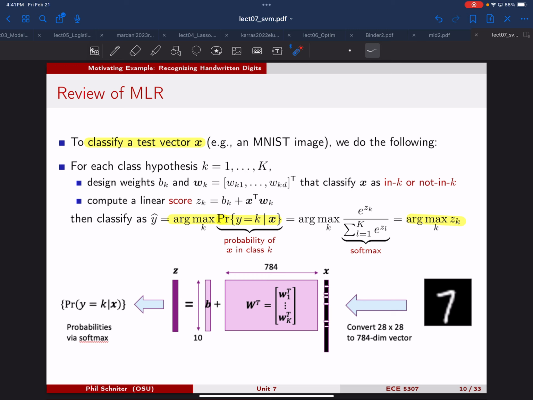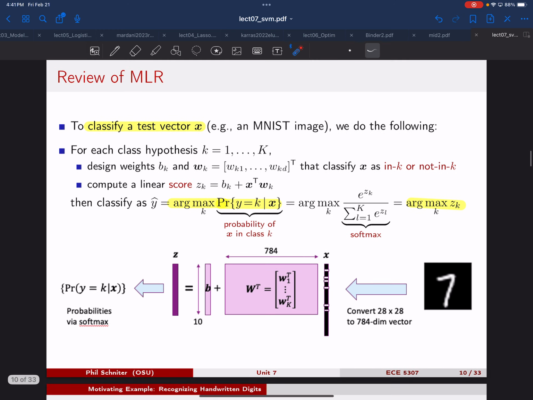Okay. All right, so if everyone's okay with this, let's try to think about what we want these weights to look like. So let's take this case where the true digit is a 7. And so that would mean that the true k is down here.